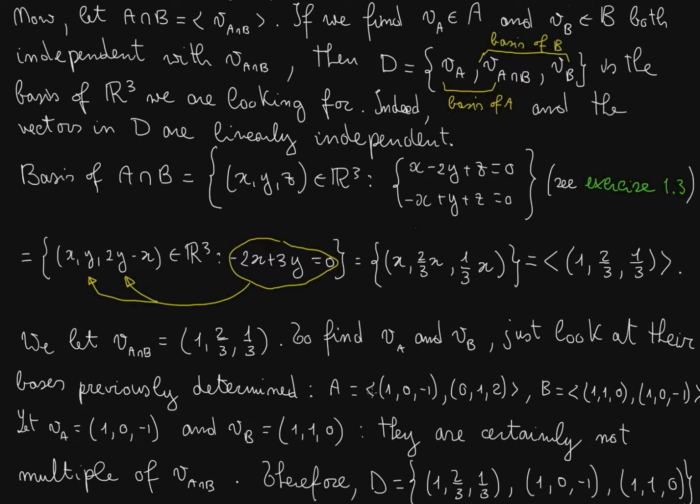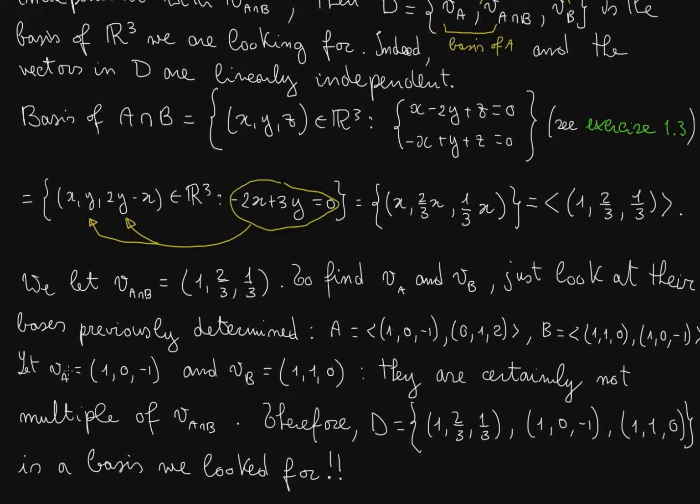A was the vector space generated as a basis by 1, 0, -1 and 0, 1, 2, and B generated by 1, 1, 0 and 1, 0, -1. Let's just pick VA to be the first vector of the basis of A, and VB the first vector of the basis of B, and see if they work.